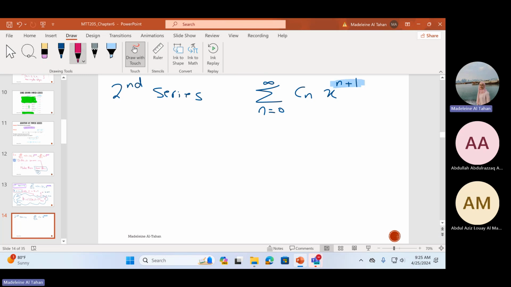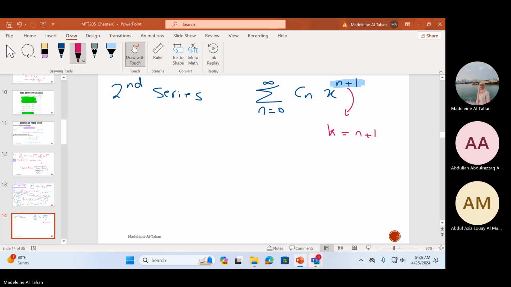So this is n plus 1. We will take it as k. Okay, miss? k is equal to n plus 1. And n ranges to, yeah, and there, you cannot say k equal n plus 1 here and k equal something here if you don't have the range.